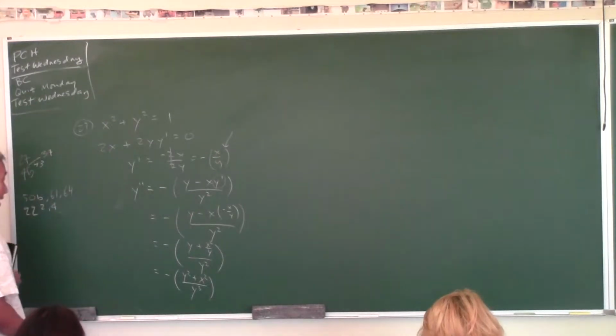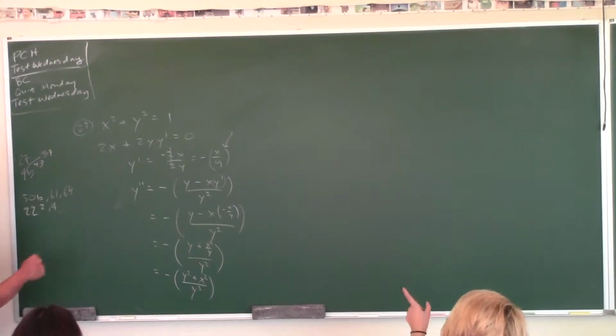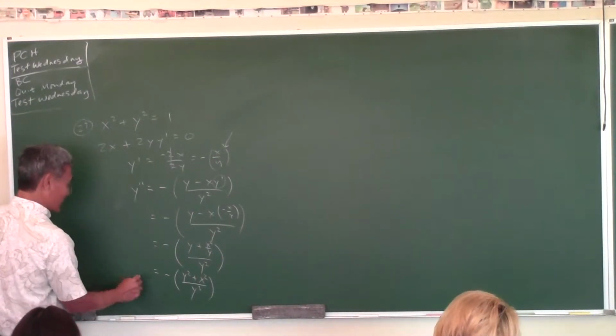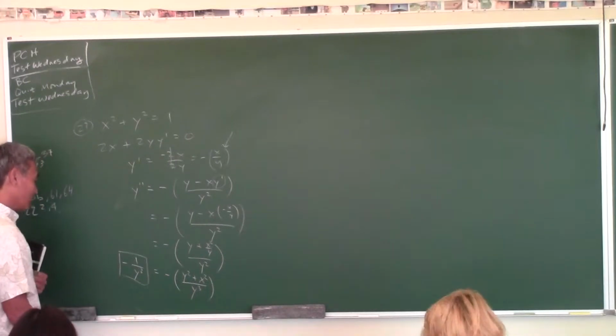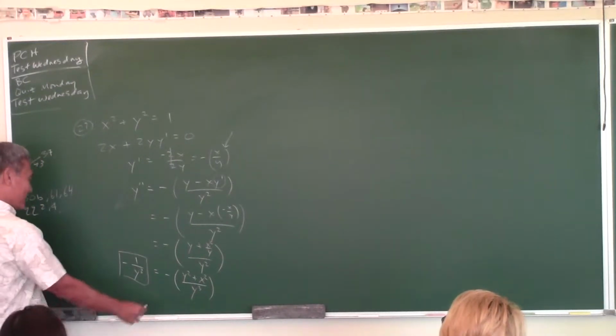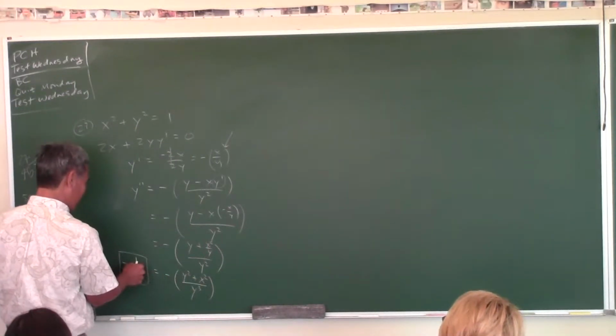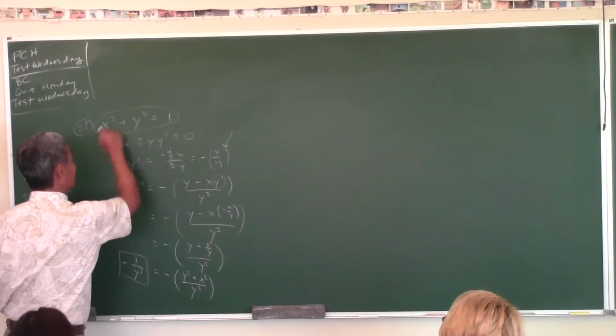Now this is the correct answer. However, what did I tell you guys last time? Yeah, so you have to substitute back in, so the answer is negative 1 over y cubed. Why is x squared plus y squared equal to 1? Right there, because that's the original problem.